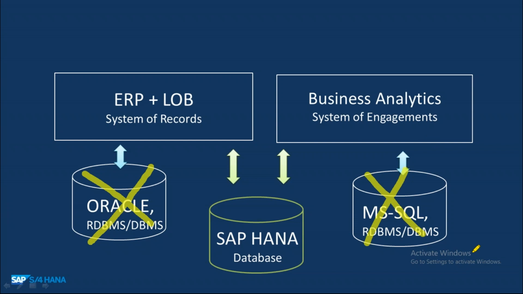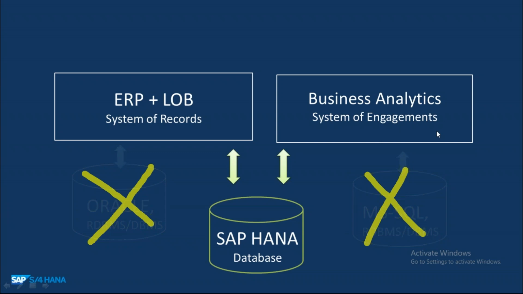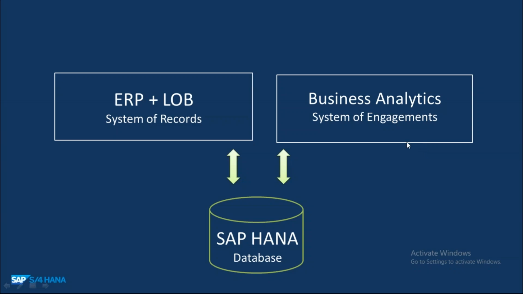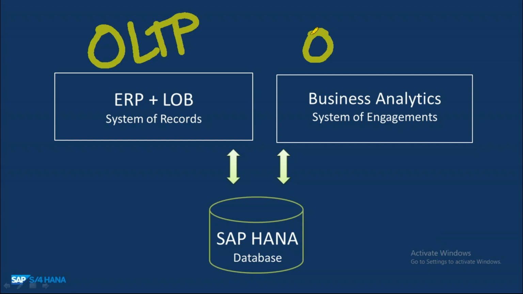Now, why do we need two systems, an application system for OLTP and an application for analytics? Always remember there are two engagements in a business environment. One is OLTP and the other is OLAP.